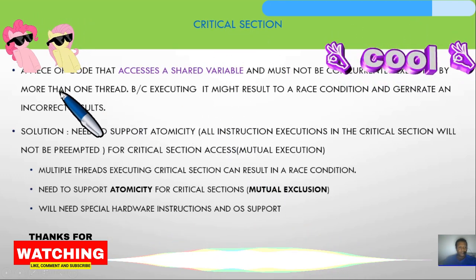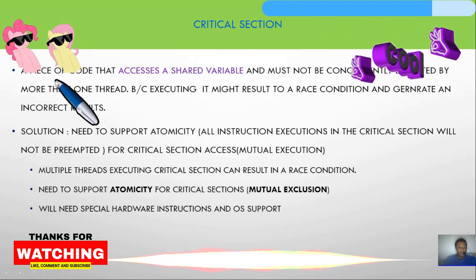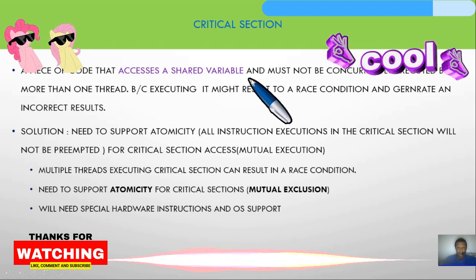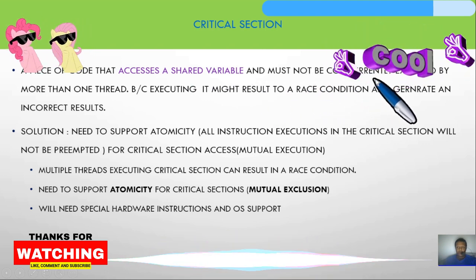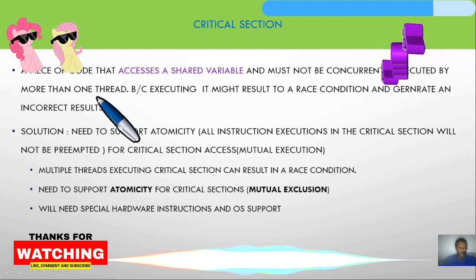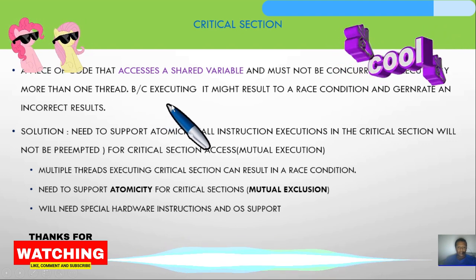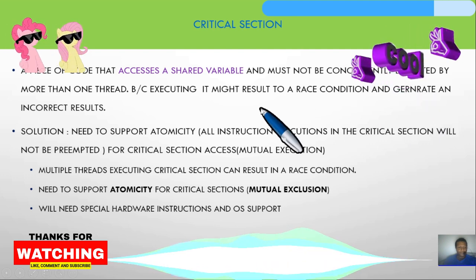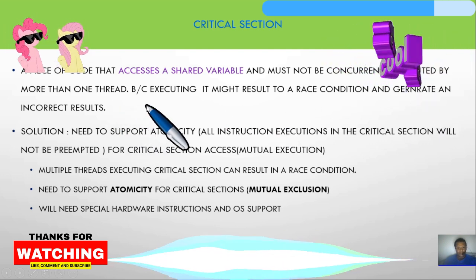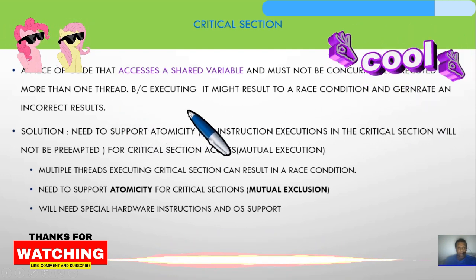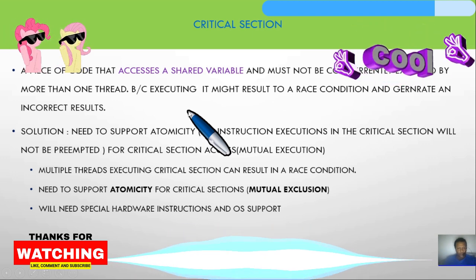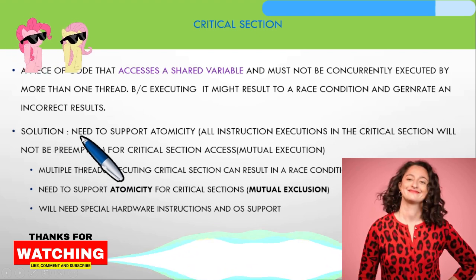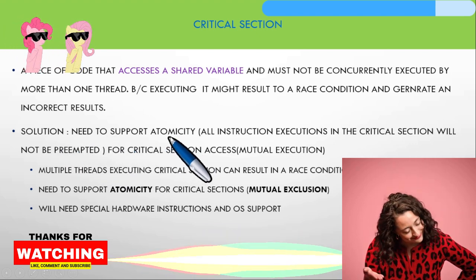Critical section, as we have seen now, is a piece of code that accesses a shared variable and must not be concurrently executed by more than one thread, because executing it might result in a race condition and generate an incorrect result. This is the very famous critical section problem. So the solution needs to support atomicity.